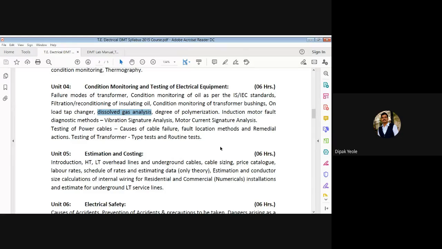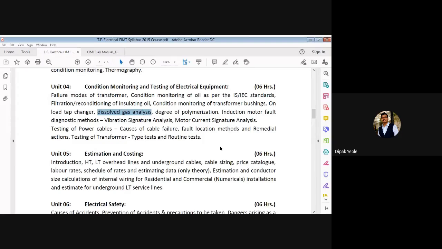We don't know when your in-semester exam will take place. But the university has mentioned 5th December as the curriculum end for your 3rd year first semester. So no doubt, before 5th December we have to wind up all the things, all the practicals we have to wind up. And Diwali is there also.